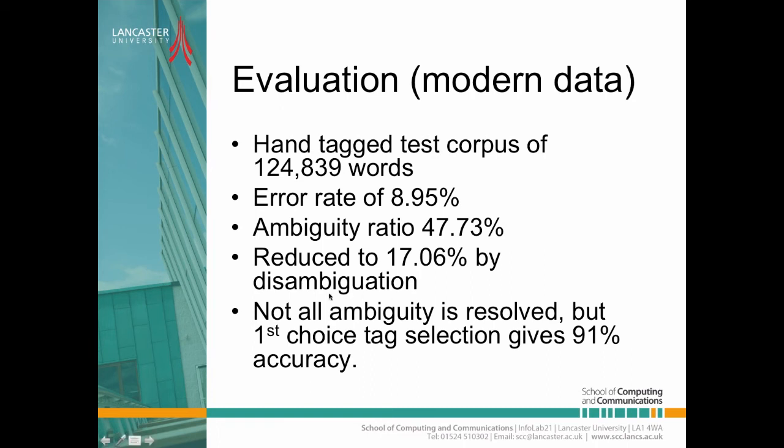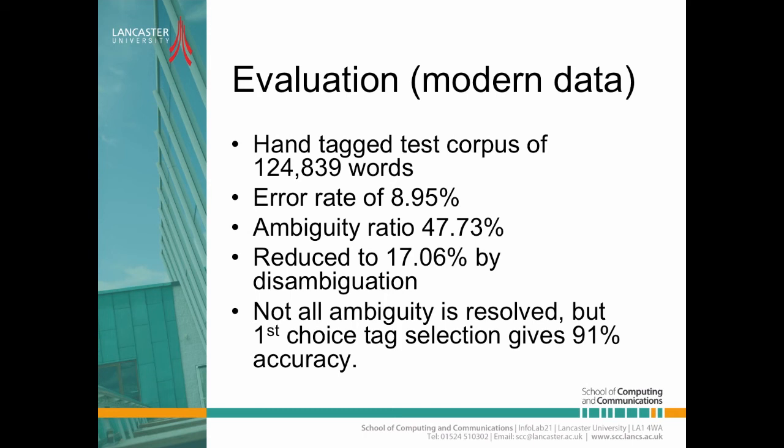Starting off with the full list of semantic tags applied by our underlying dictionaries, you would end up with about half of the words in running text being ambiguous. So that's this ambiguity ratio, 47.7%. With the 6 methods that I've just explained on the previous slides, you can reduce that level of ambiguity down to 17%.